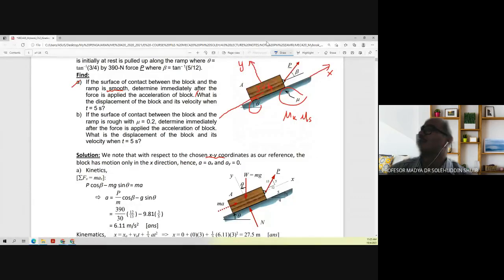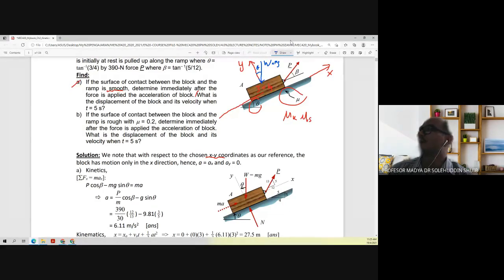First thing, you draw the body weight of this block. If you have y in this direction, the angle is theta here. This is the body weight, equal to mg.